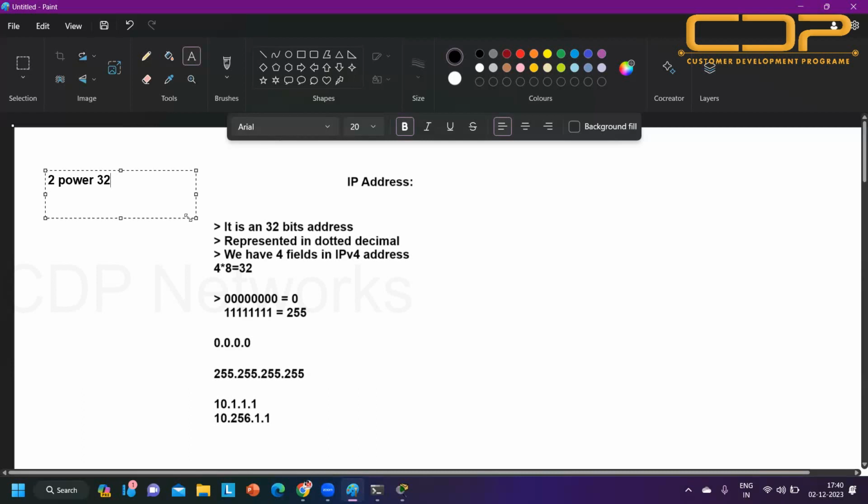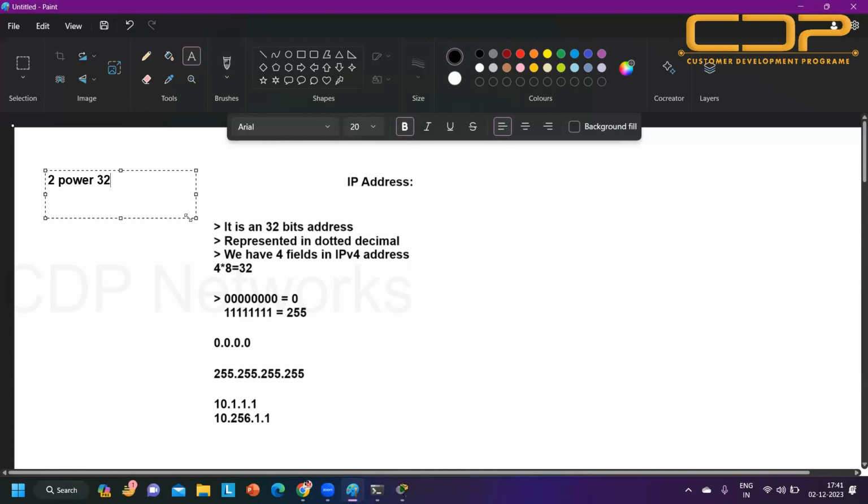We are using multiple IP addresses. We have multiple devices like laptop, mobile, car key. Nowadays, a car key also needs one IP address. Getting my point? So IPv4 addresses are not sufficient, because we have only 2 to the power 32 IP addresses, and we need lots more. So what will I do?